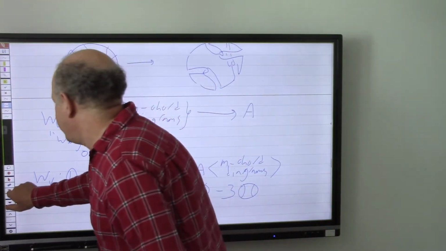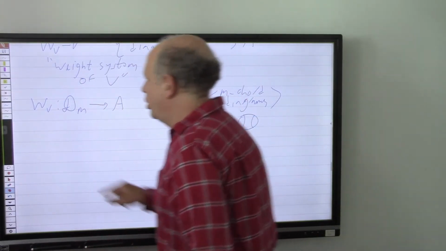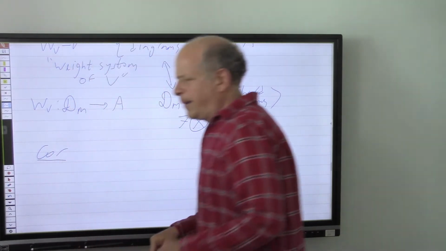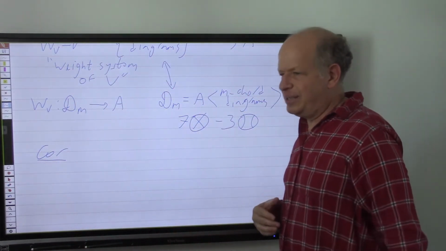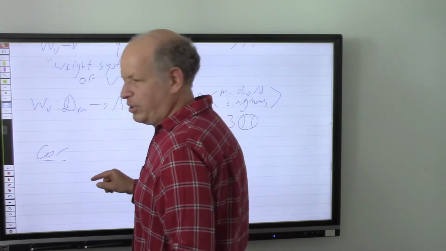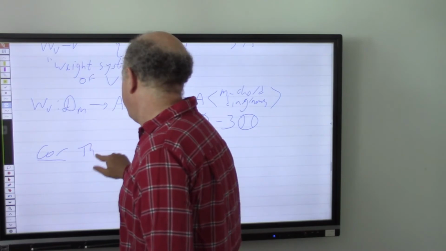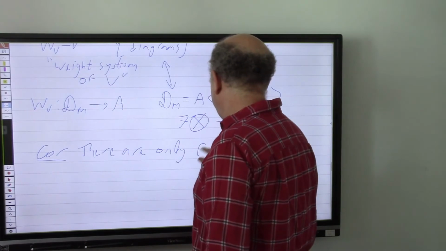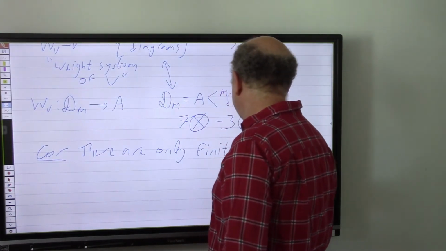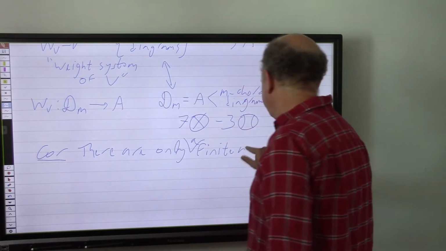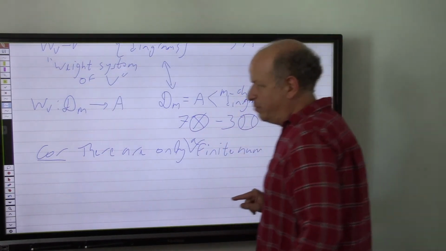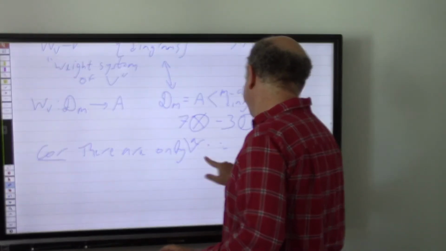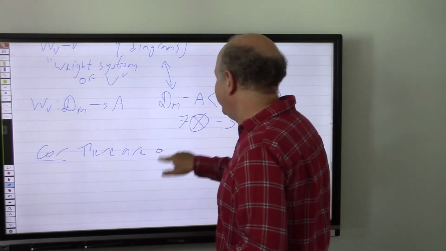And already we have a corollary: there are only finitely many invariants of type M for each M. Sorry, not a finite number; it's really a finite dimensional space.